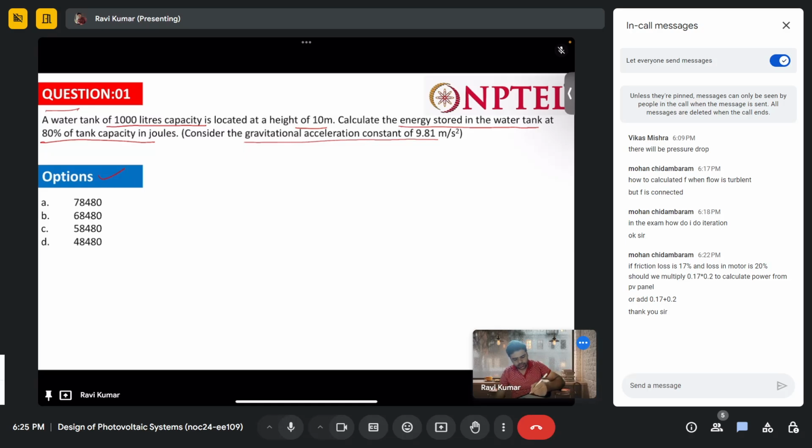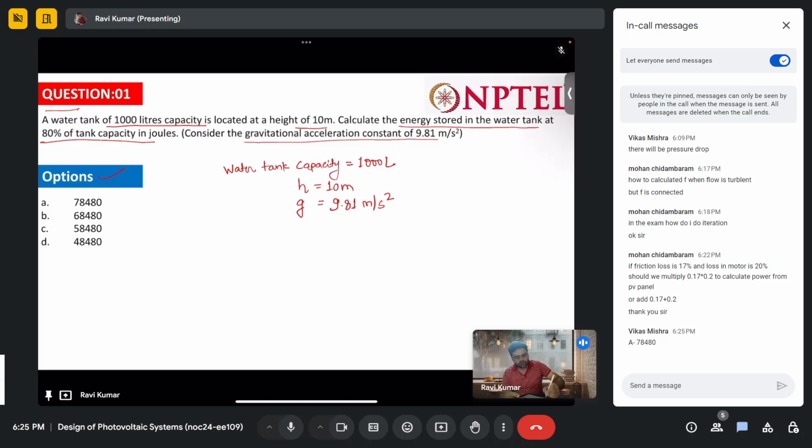The question is saying water tank capacity equals 1000 liter, height 10 meter, g equals 9.81 meter per second square.